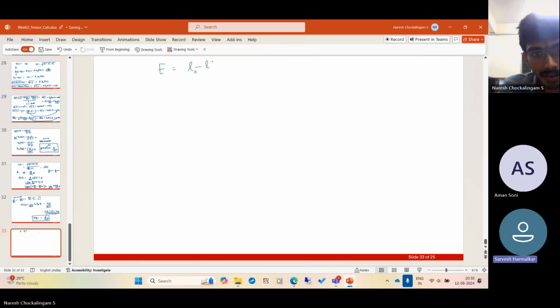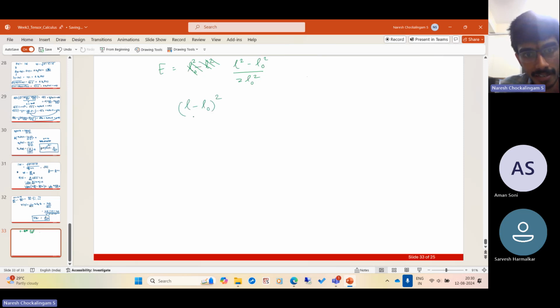The whole square. No, green strain is L square minus L naught square by 2. This is what we call green strain. But in the lecture, sir has given L naught minus L, bracket the whole square. That is not the green Lagrange strain.